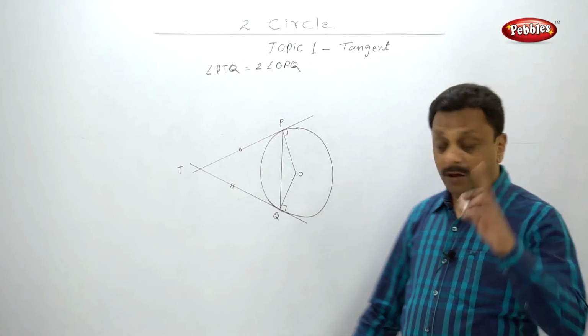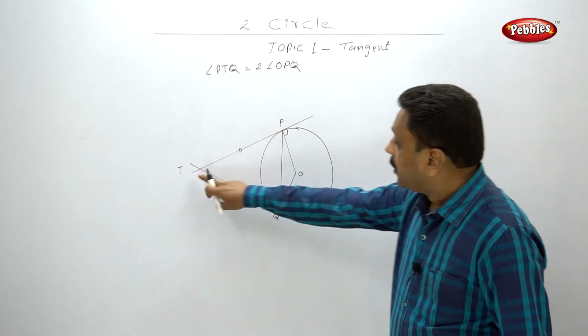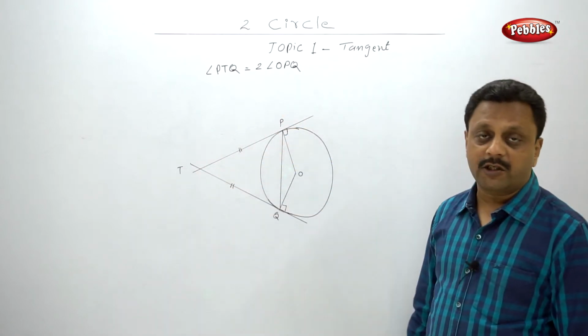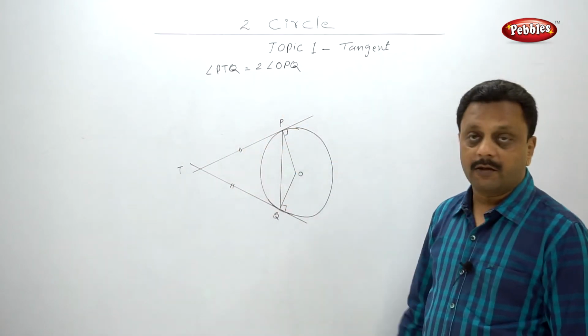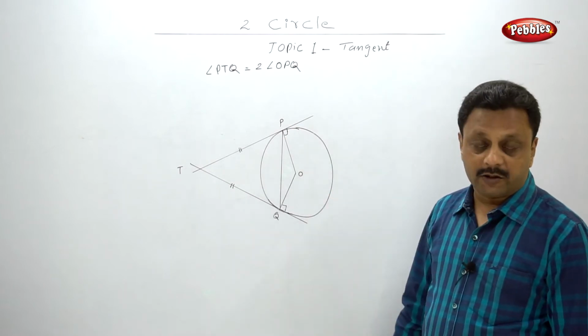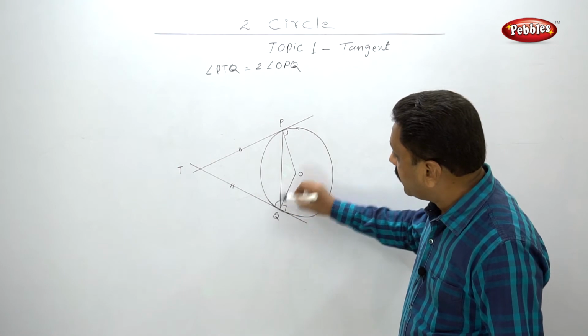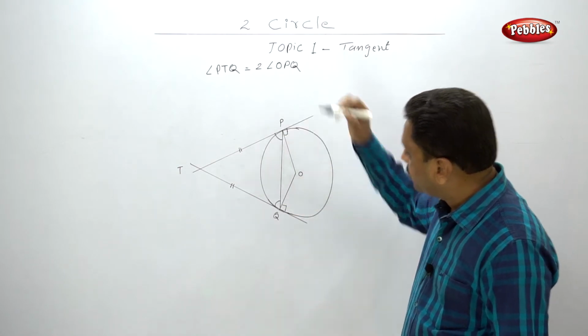Fine. I also know that this triangle TPQ is an isosceles triangle because two sides are equal. So the angles opposite to both the sides are also equal. So this angle is equal to this angle.